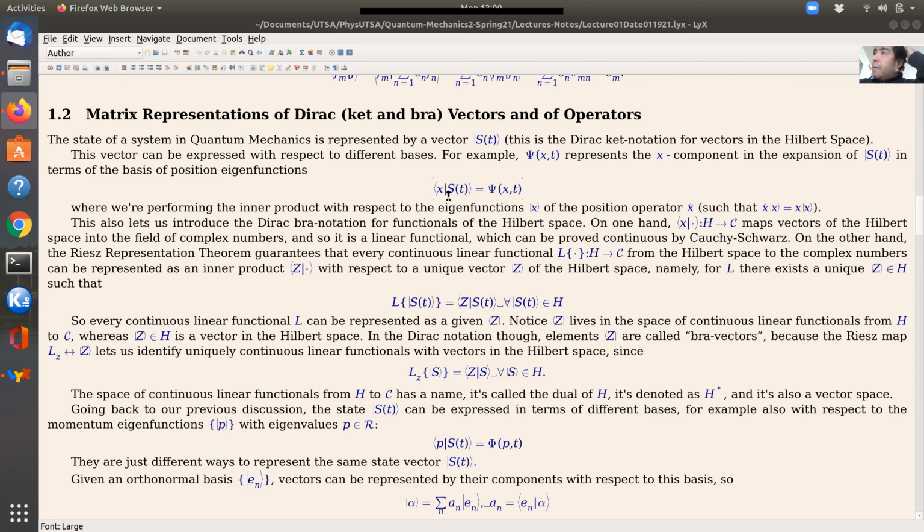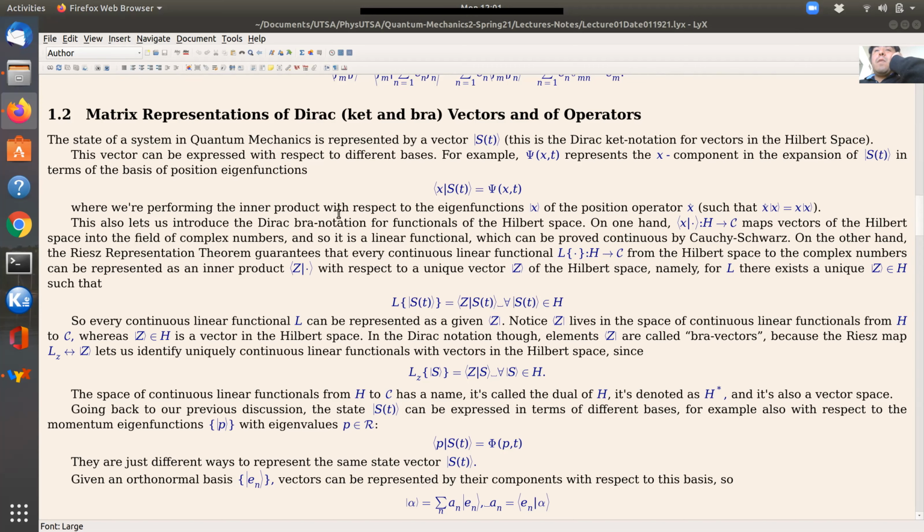Basically, if you take the inner product of your state vector with the basis function corresponding to the position x, then you have psi of x, t. Okay, so that is basically what we mean by the wave function in the position representation. So it's a projection onto each one of the basis of position eigenfunctions.